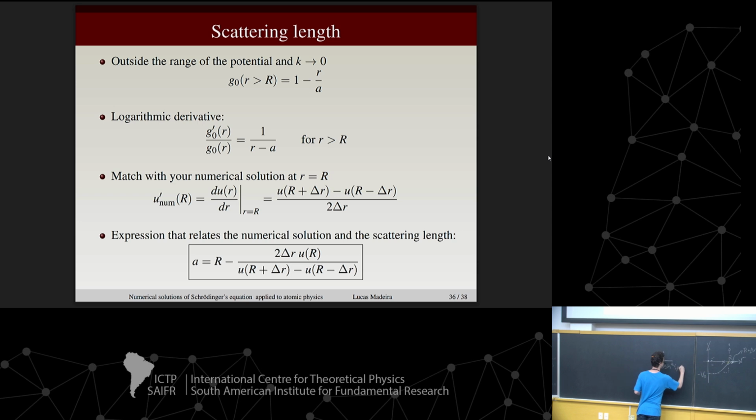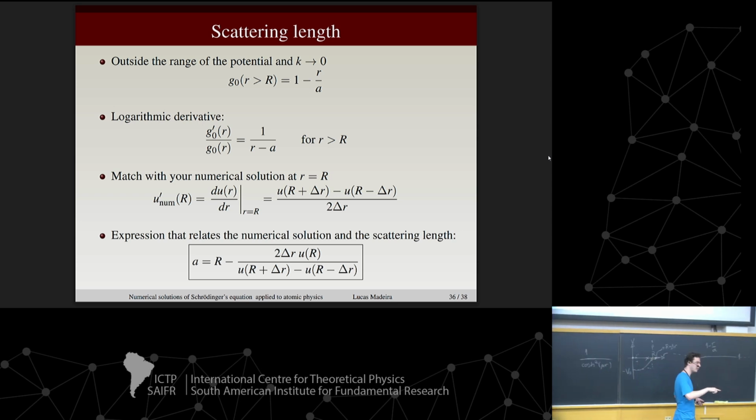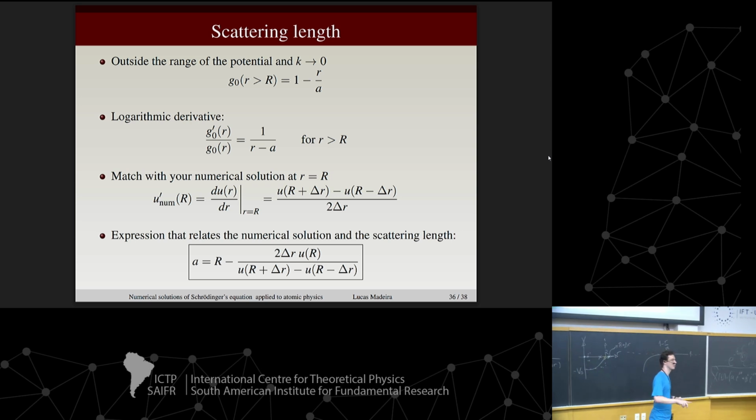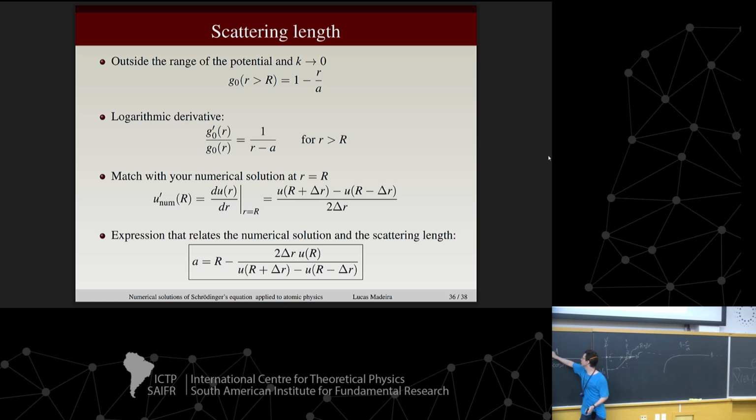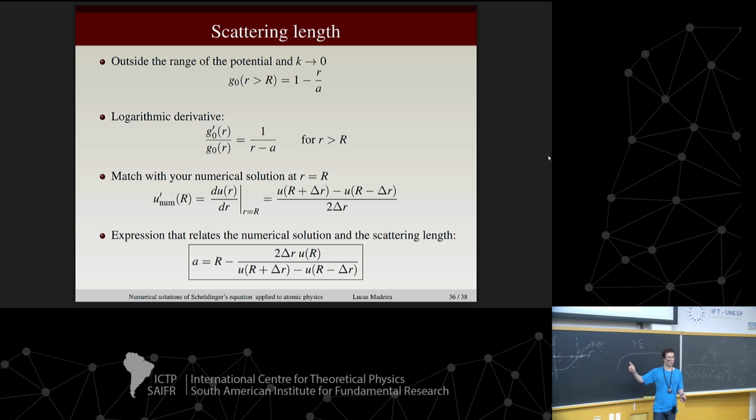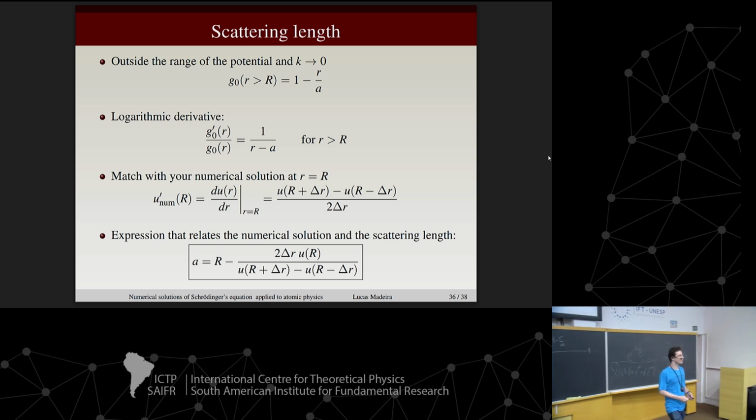Some parameter here. So 1 over cosine, hyperbolic cosine squared. This one has analytical solutions. And of course, this looks like something like this. It's called the modified Pöschl-Teller potential, if you want to look it up. Thank you.